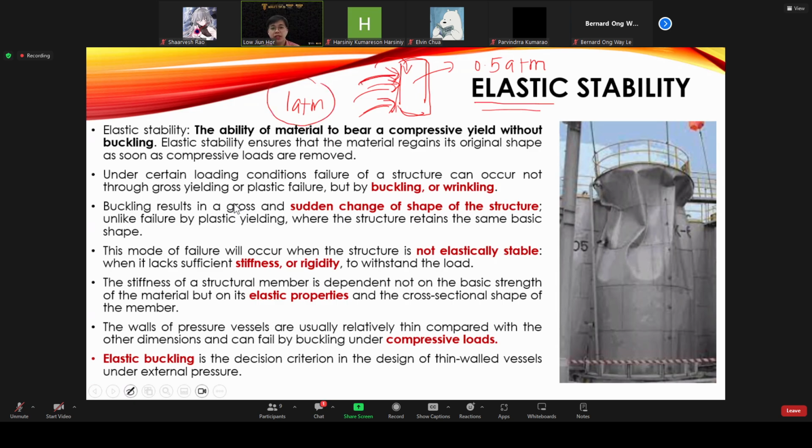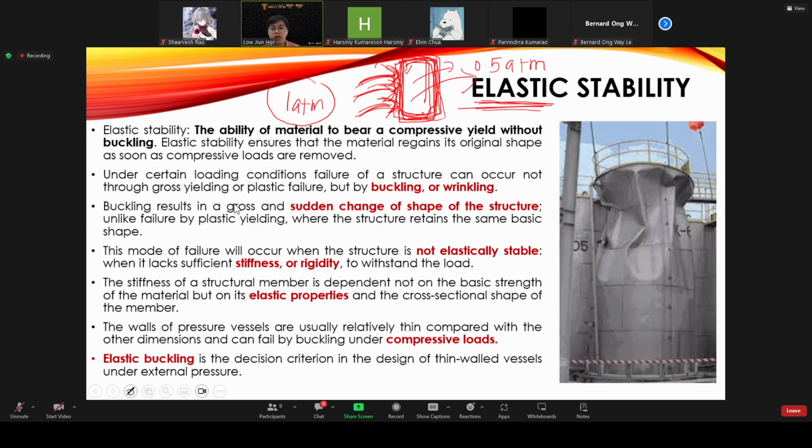So meaning that this is the compressive force, and the elasticity will try to maintain the shape of the pressure vessel, and it will try to counterbalance or cancel off the compressive force, in order to make sure the pressure vessel can continue to carry out the process without changing its shape.